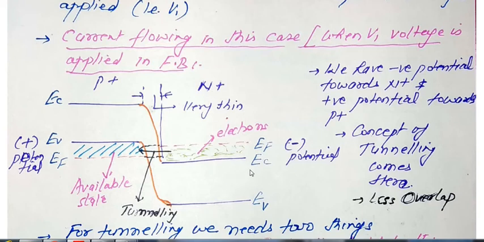This N plus side is applied with negative potential and towards the P plus side we have positive potential. Now this is the available space which can be occupied by the electrons in the P plus side, and these are the electrons which are available above the conduction band towards the N plus side.